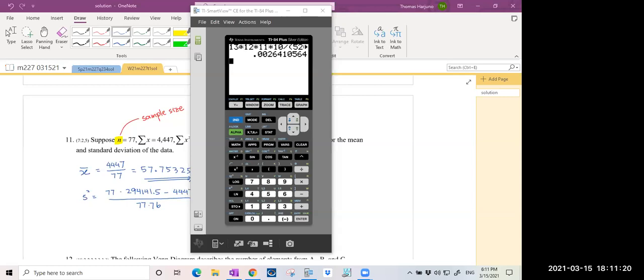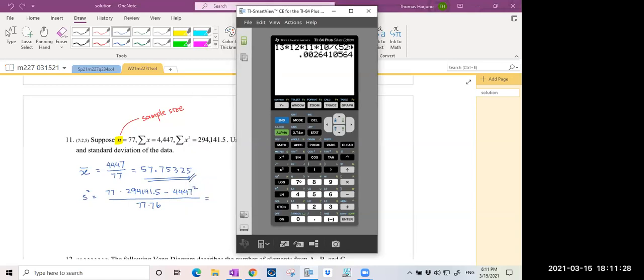So this is what I do on my calculator. I usually compute the top one first: 77 times 294,141.5. Still slow, huh?